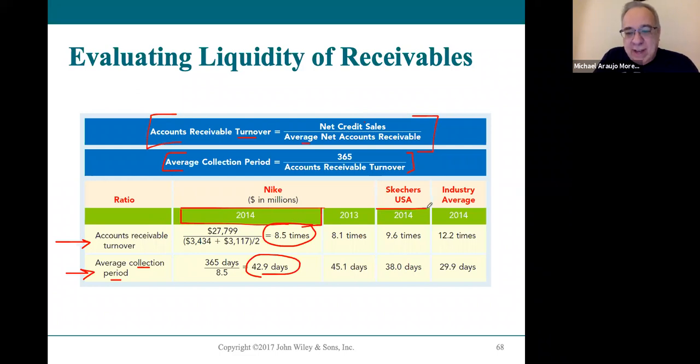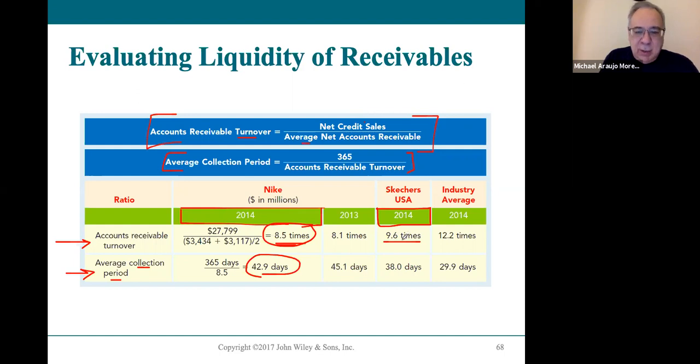Let's compare that to Skechers. Skechers has an accounts receivable turnover of 9.6 times a year. That's a bigger number, a faster turnaround time than Nike, because the higher that number, the better.